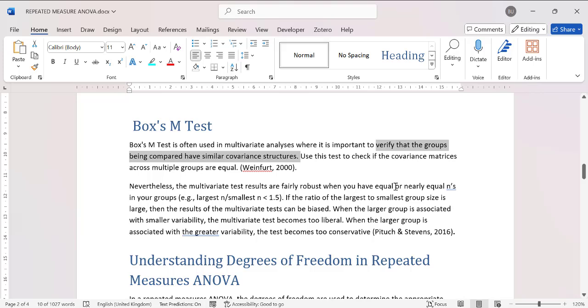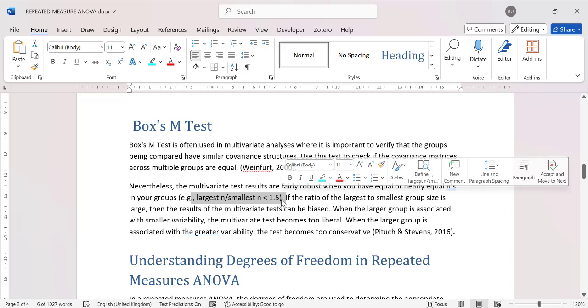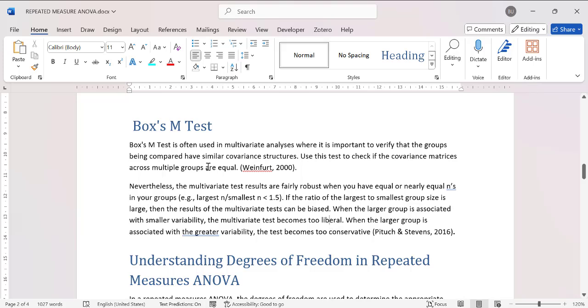So, if you have an equal or nearly equal number of people in all the groups in your research, and the ratio of the largest to the smallest number in each group is less than 1.5, then even if this Box's M test is violated, it will not affect your research significantly.